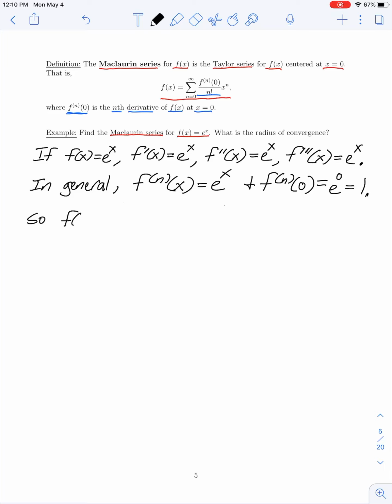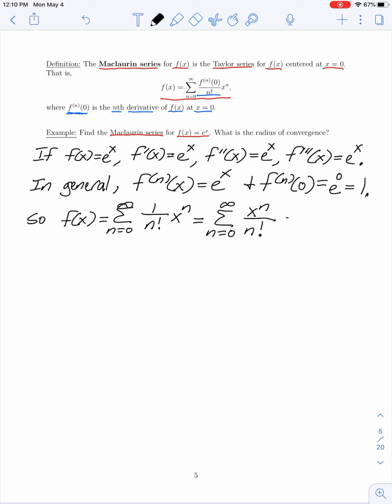So we have our function f of x can be represented as the sum from n equals 0 to infinity of 1 over n factorial times x to the nth power, or more concisely, the sum from 0 to infinity of x to the n divided by n factorial.